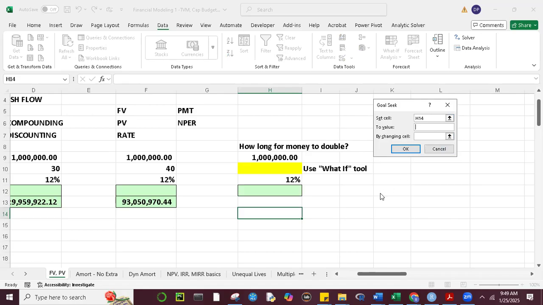Set cell to what value, class? What is it that we're interested in?